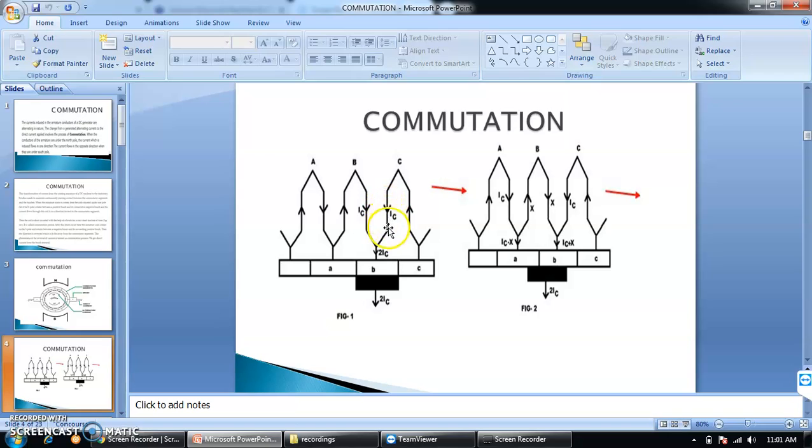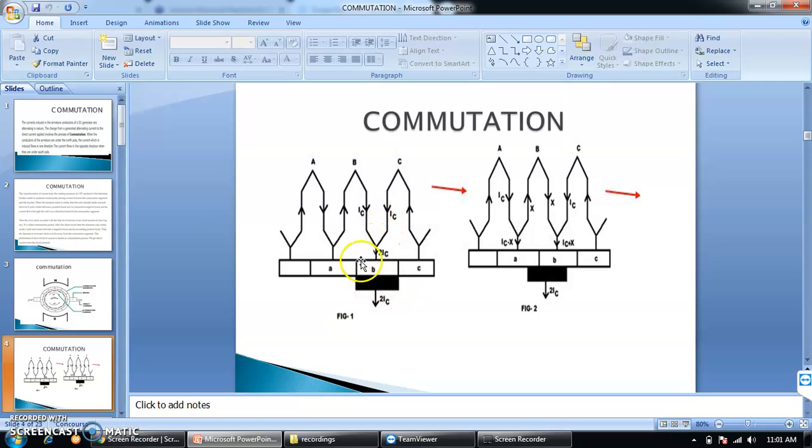Similarly, this current IC is getting a short circuit path through here. That means if you consider IC as 20 ampere, that 20 ampere current gets a short circuit path through the commutator segment towards the brushes. Similarly, this 20 ampere or IC current gets a short circuit path through here.